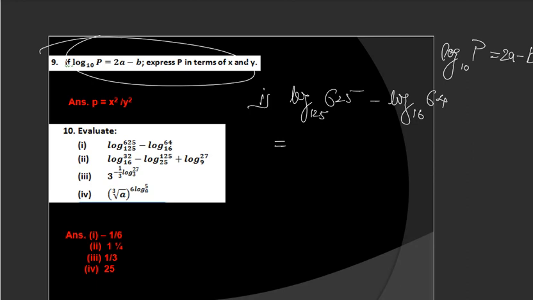Now I know the bases here are not favorable to us. So I can use the fourth identity, which we just studied.